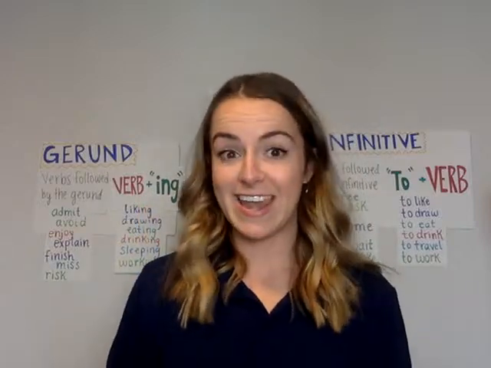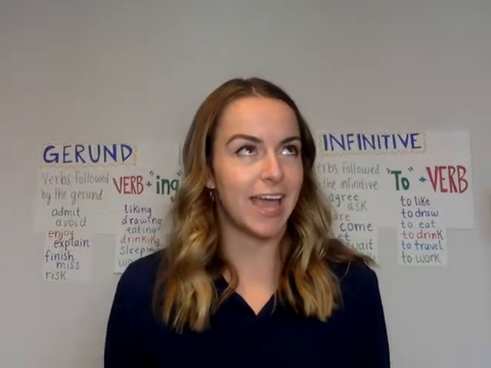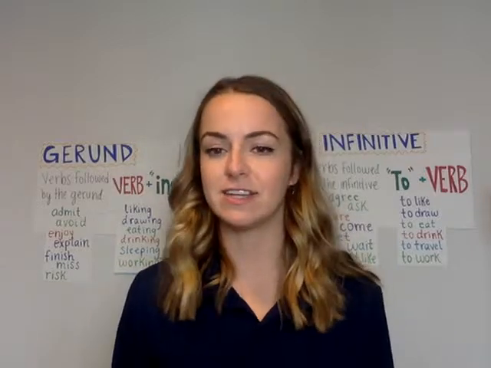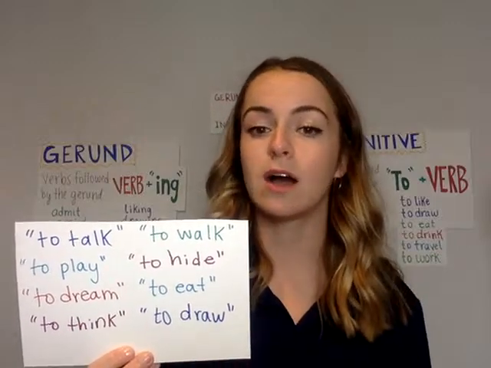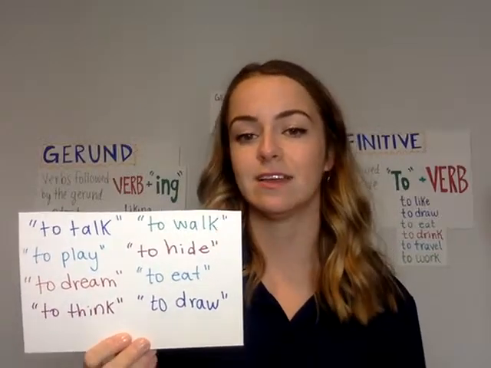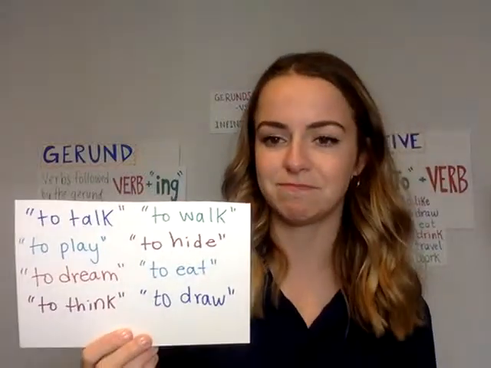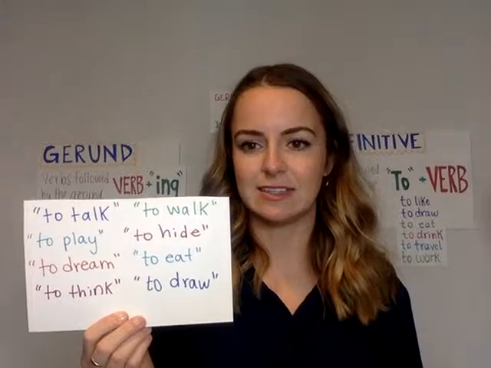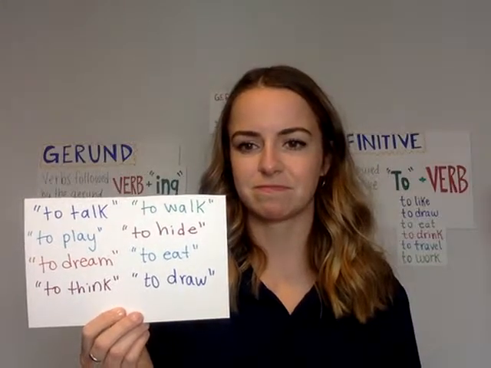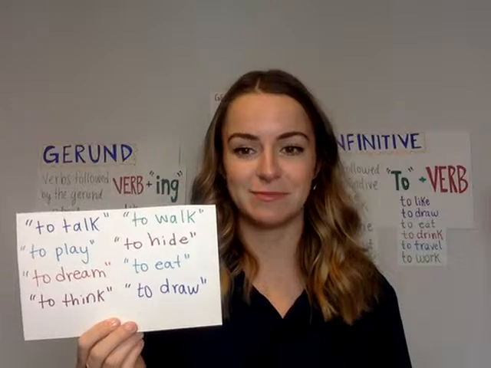Very good. Next question. I have a few words, and I want you to guess if it's infinitive or gerund. All right, so we have things like to talk, to play, to dream, to eat. What do you guys think this is? I'm getting a lot of answers saying infinitive.